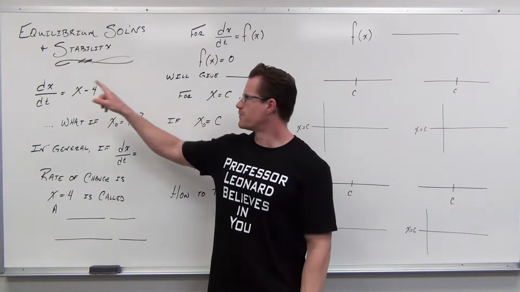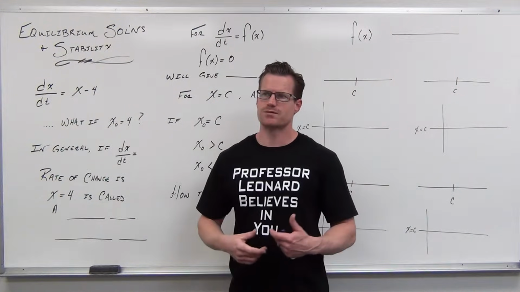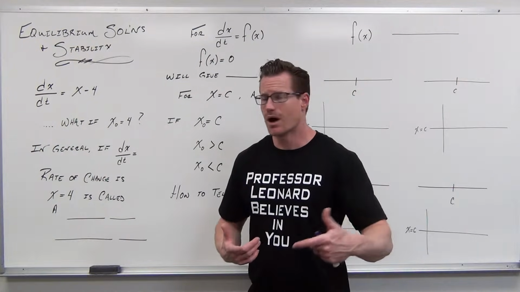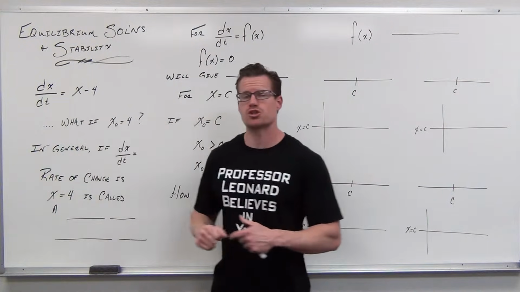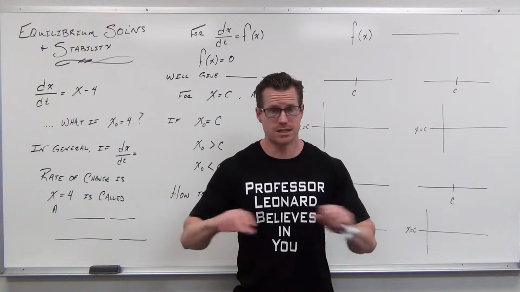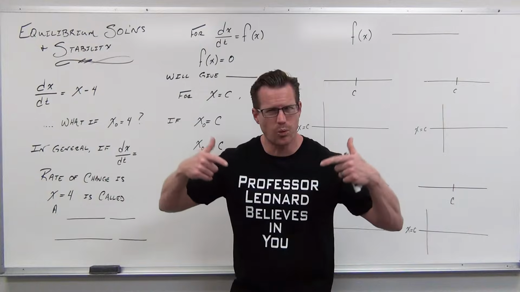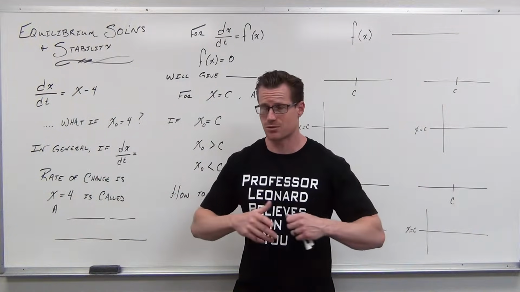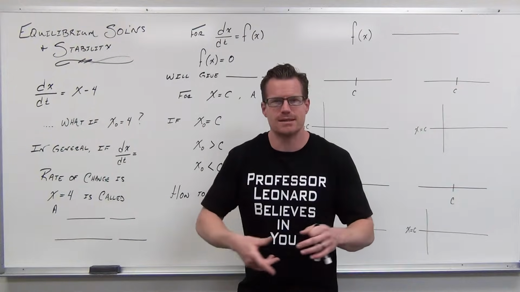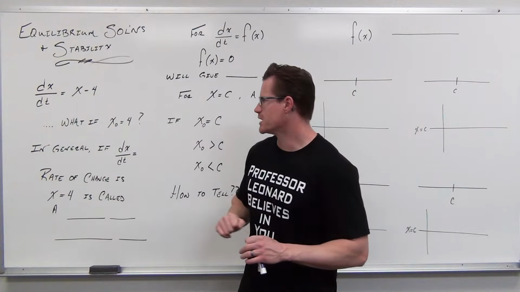Because if you plug in a 4 right there, 4 minus 4 is 0. Wait a second. If 4 minus 4 is 0, that means that the way your x changes with respect to time would be 0. There would be 0 change. Our population of x, or whatever x is, would not be changing.